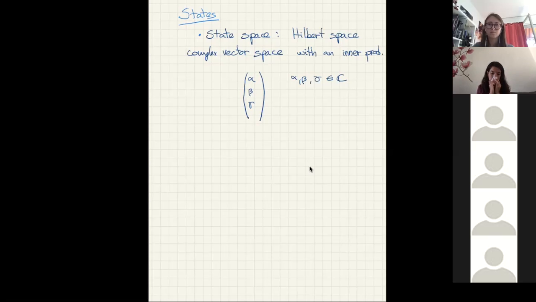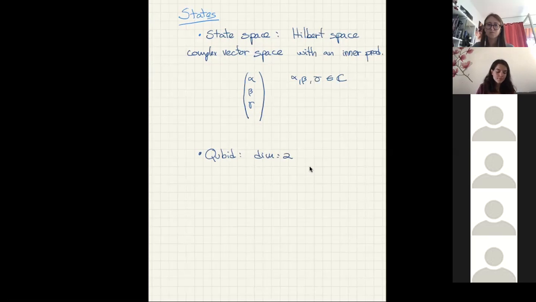So let's start with a very simple example. Let's start with the example of a qubit. This means that the dimension is 2, and it's a generalization of a bit.